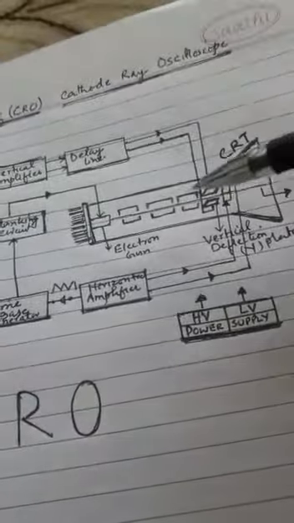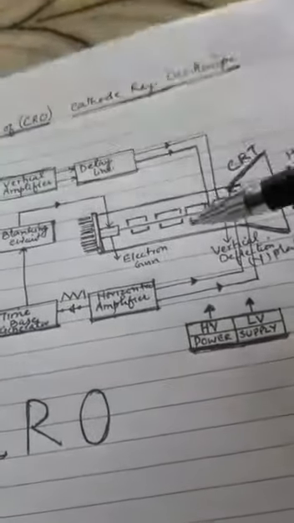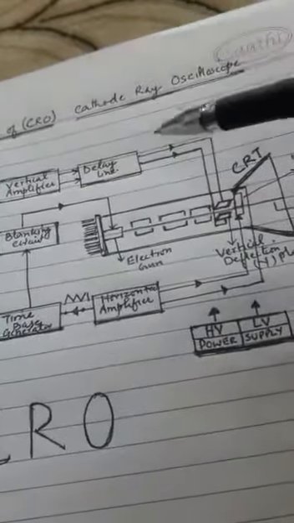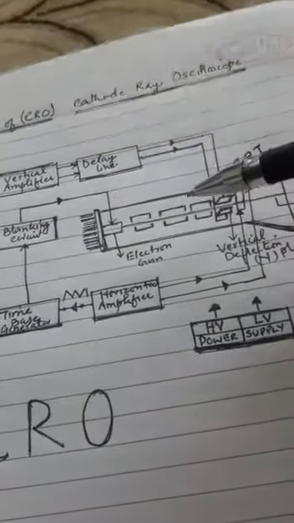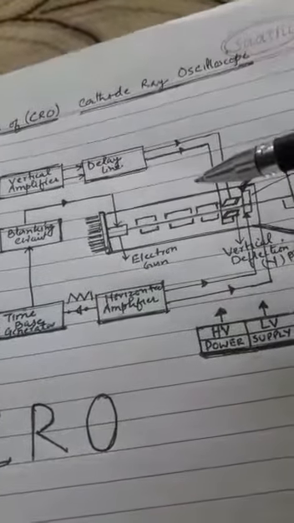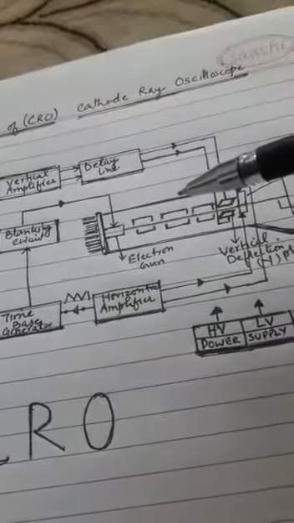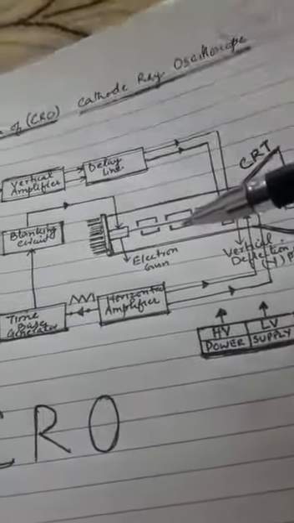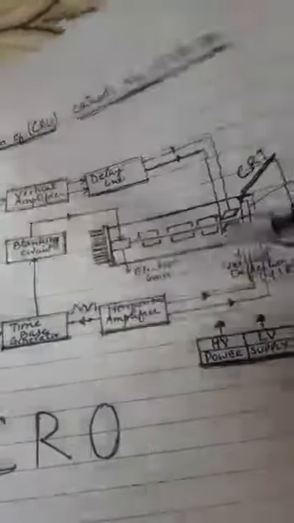One of the main parts, which I have already told you, is the CRT, being the heart of the cathode ray oscilloscope. Without this CRT, CRO is not able to function. It is only due to CRT that CRO functions.